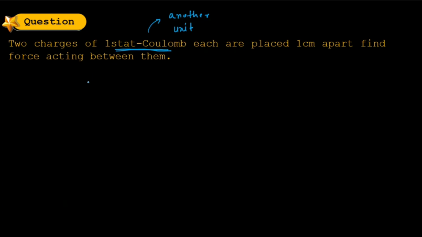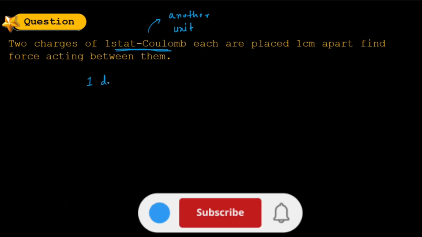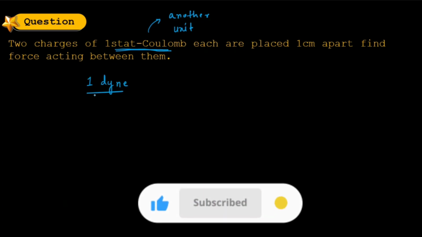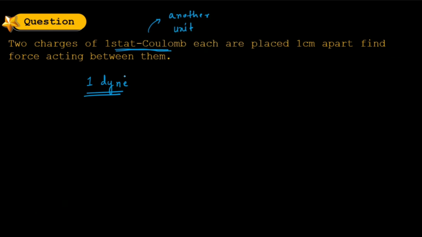The answer to this question is going to be 1 dyne. Remember the answer. Now, what is dyne? Dyne is the CGS unit of force. We don't need to go deep into it, but you can remember it this way. Let's move ahead.